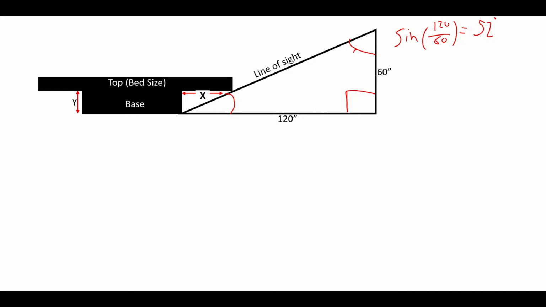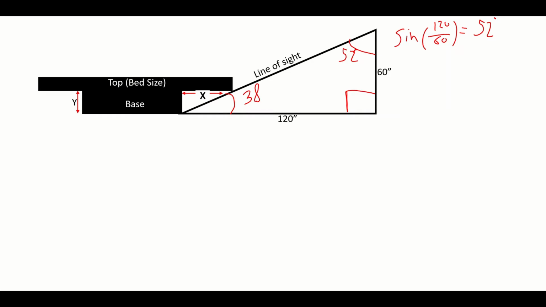So we know right here it is 52 degrees. Another fundamental aspect of triangles is that the interior angles equal 180 degrees. So if the corner is a right angle of 90 degrees, and we just calculated the top as 52 degrees, we know the other angle is going to be 38 degrees.